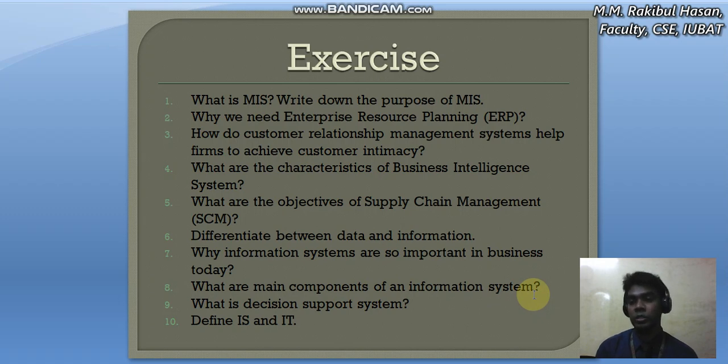Again, I mentioned 6 main components. If you remember, you can go through my previous lectures. What is a decision support system? That means you can write the shortcut, DSS, decision support system. And the last question is define IS and IT, or distinguish between IS and IT.